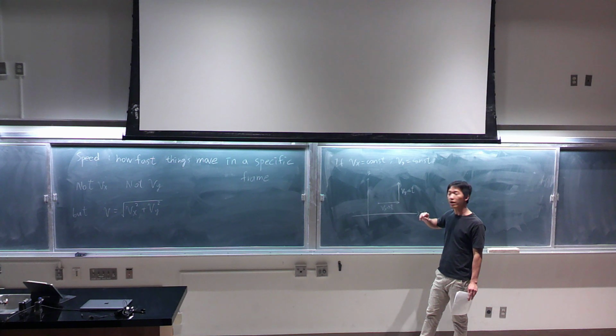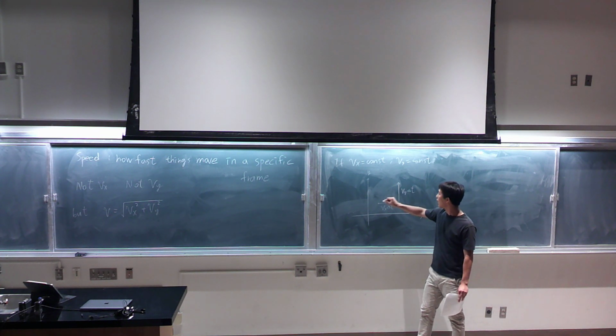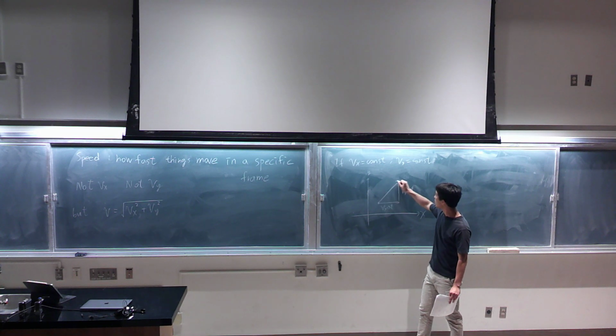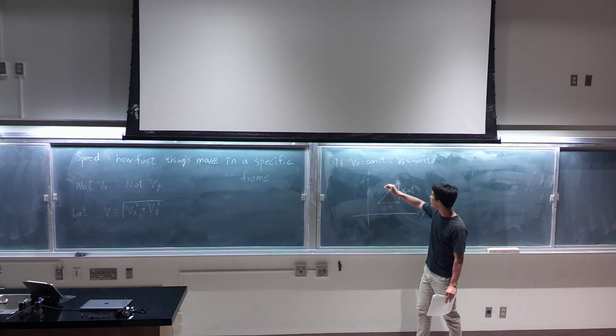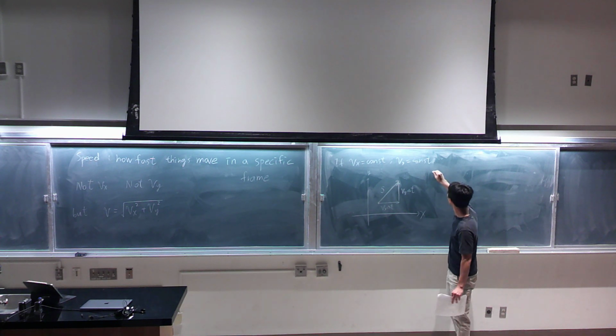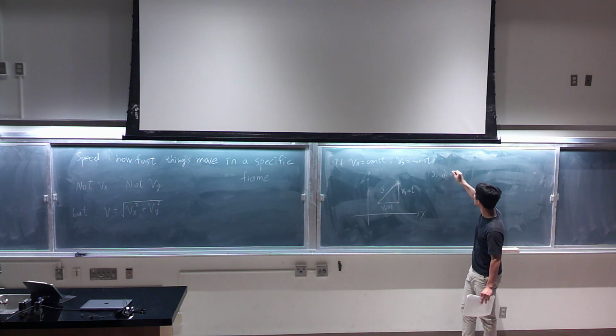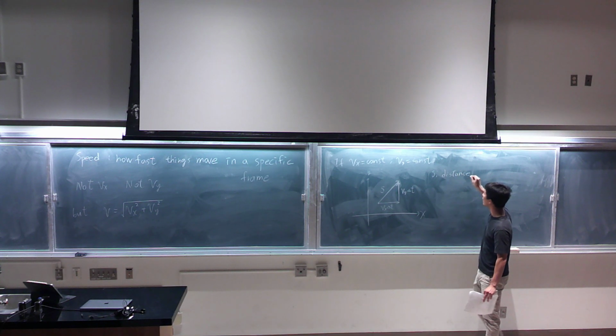So at the end of the day, after delta t, the object should move from here to here. This diagonal distance, that's called s, is the distance that the object actually travels.